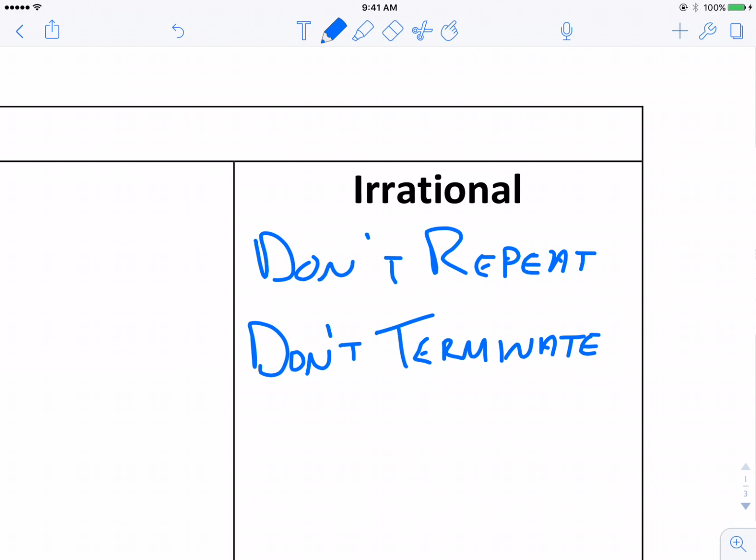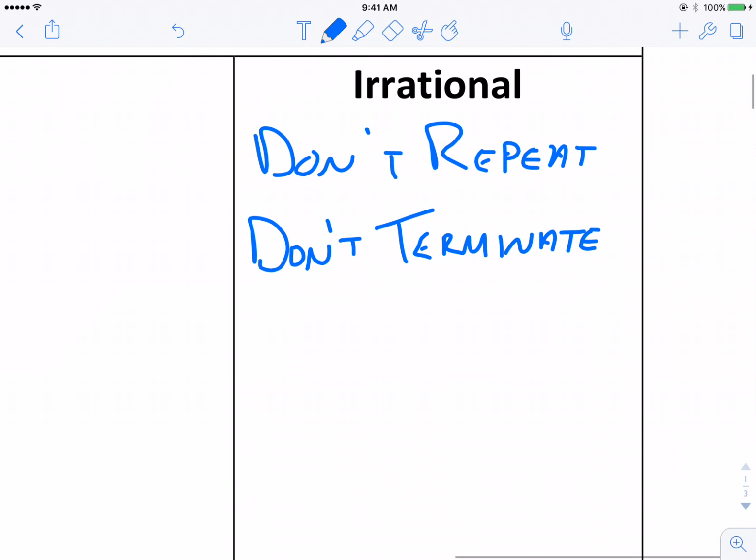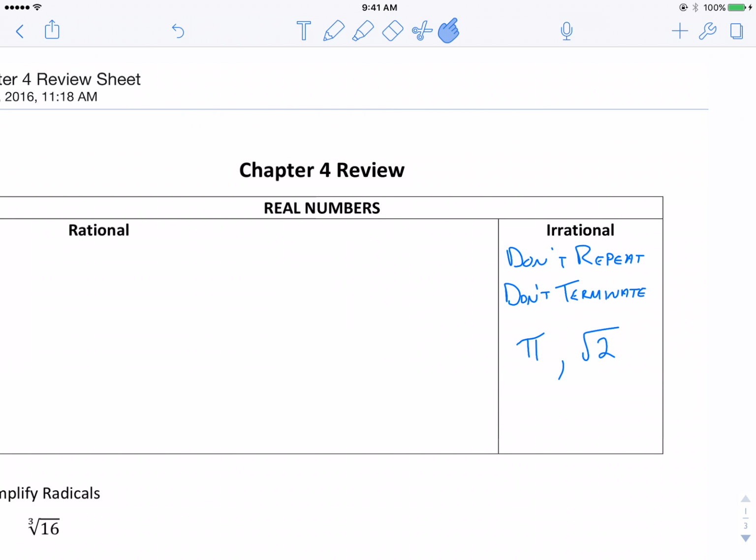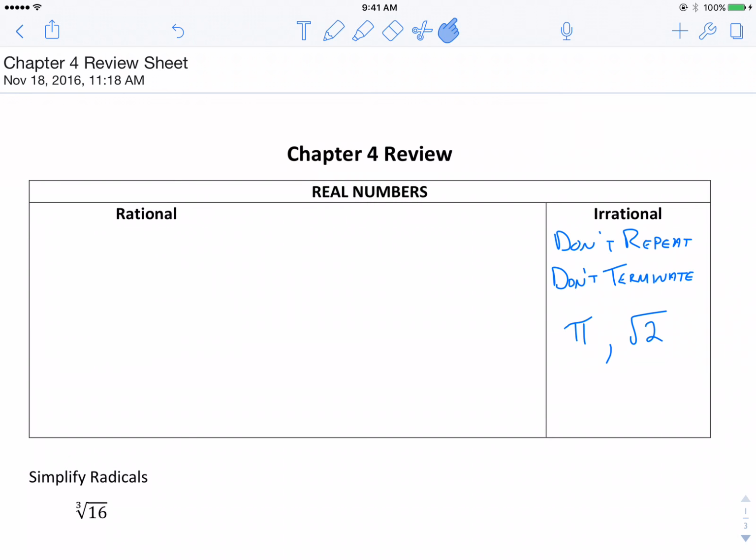So they don't repeat, they don't end. A couple of key ones that you should remember that fall into this category: our favorite number pi, as well as the square root of 2, both irrational numbers. So our real number system has two parts, rational and irrational. The irrational numbers don't repeat, don't terminate.